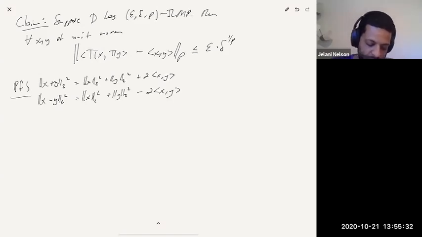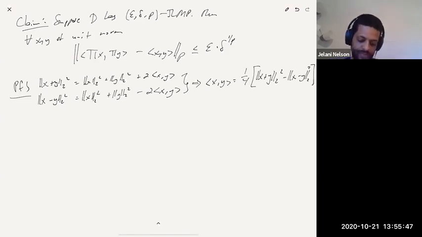If you move things around, you get that x dotted y is equal to 1/4 times x plus y squared minus x minus y squared. This follows just by rearranging, nothing fancy.